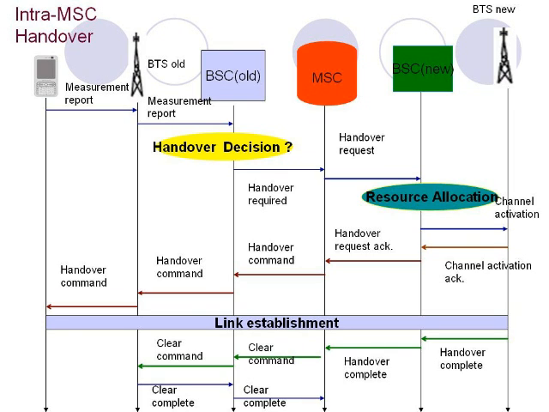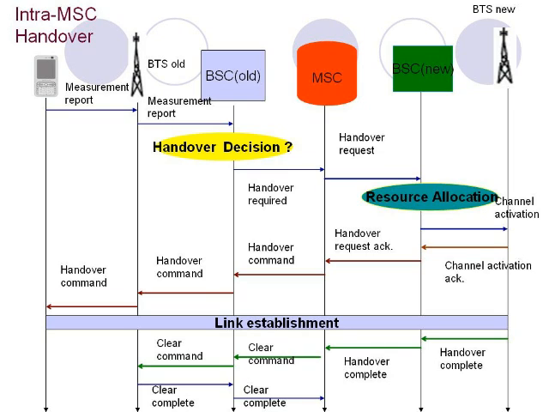Based on these values, that is current traffic conditions, the BSC old may decide to perform a handover and sends the message, that is handover required, to the MSC, mobile switching center. On receiving that, MSC sends a handover request to the new base station controller. The base station controller now decides whether resources are available or not, meaning the channels or time slots.